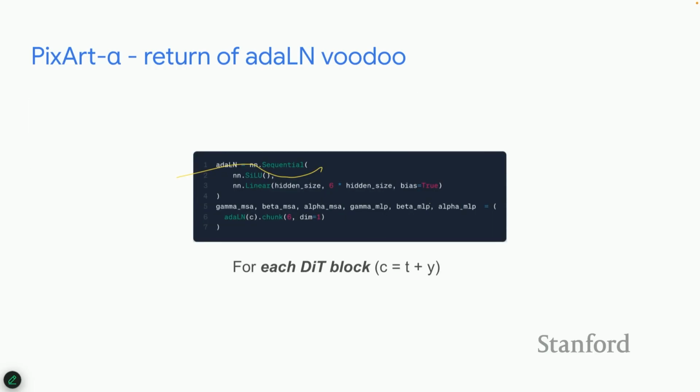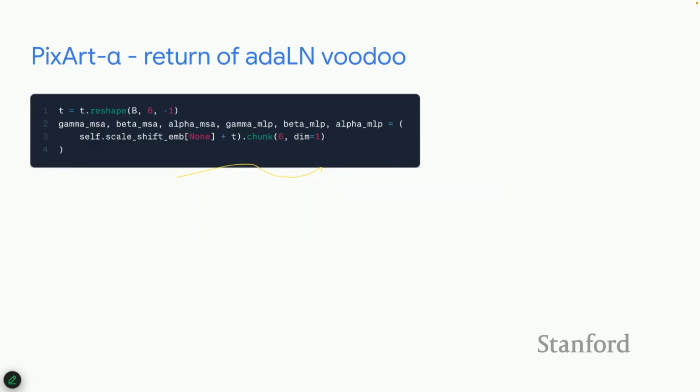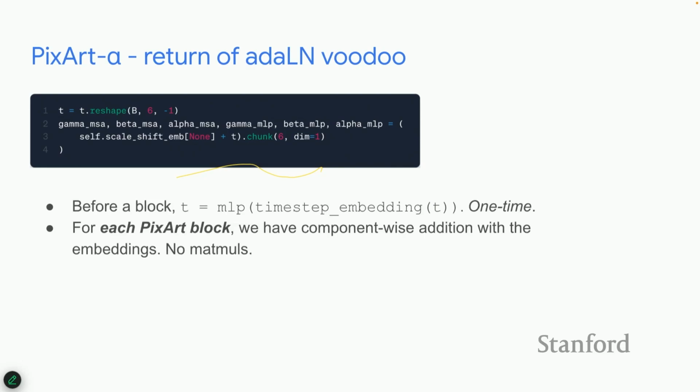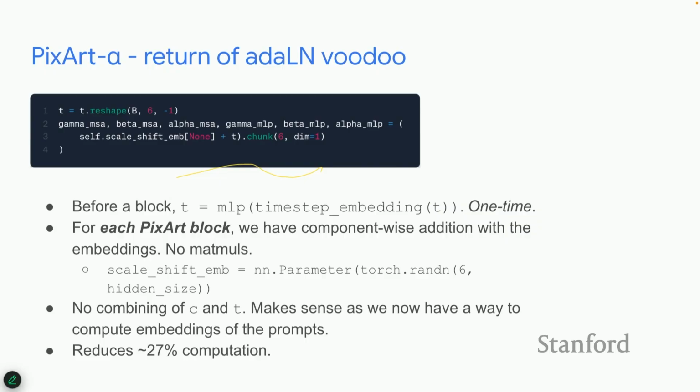And this is where your matrix multiplication lies. But notice how I am computing the modulation parameters here: I am only computing it through an embedding table. There's no affine transformation happening. And I end up adding it to my time step embeddings. That's it. So that's how I avoid the matmul, and that's largely why I am able to reduce the computation by 27%.